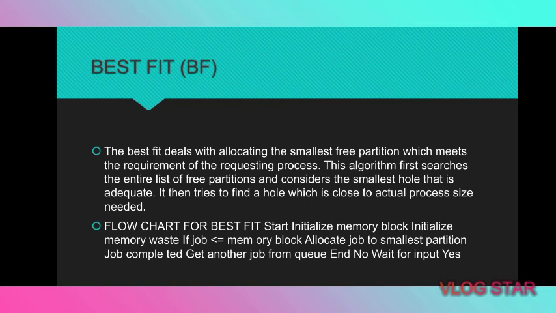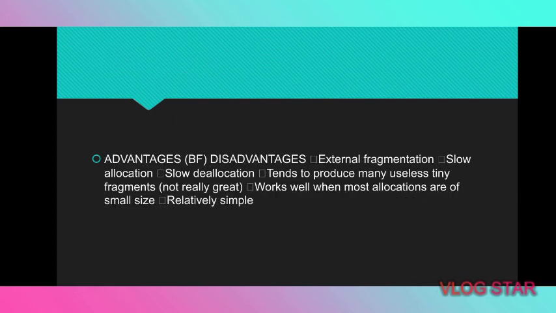So the flowchart for the best fit, and the advantages and disadvantages are shown on the screen. Disadvantages are internal fragmentation, slow allocation, and slow deallocation; it tends to produce many useless tiny fragments, not really great. It works well when allocations are of small size or relatively simple.